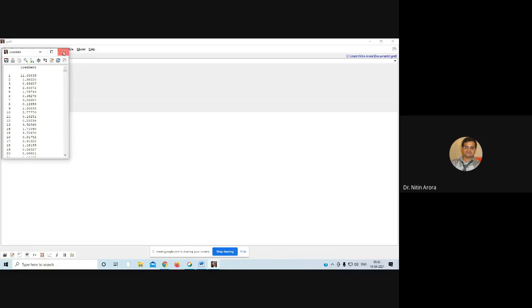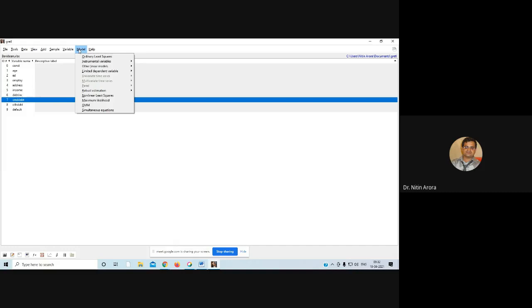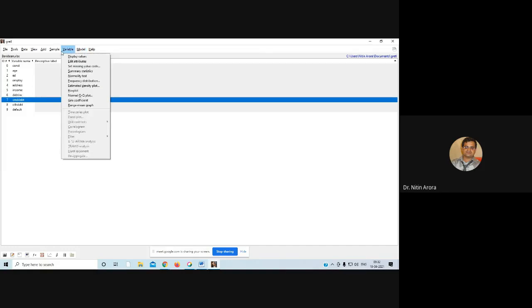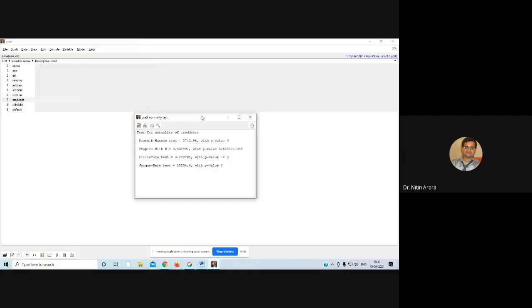If you want a test of normality for any variable, select the variable in the variable window, go to the variable menu, and we have the normality test. These are the various normality tests available. You can even store the residual and apply the normality test statistics.